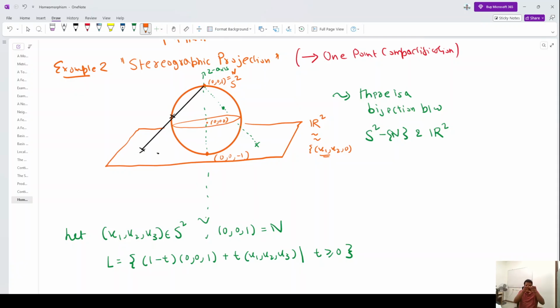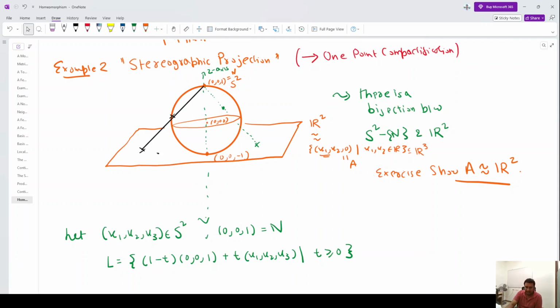I will give you a simple exercise. Exercise: show that A is homeomorphic to R2. So A is a subset of R3 which is homeomorphic to R2.